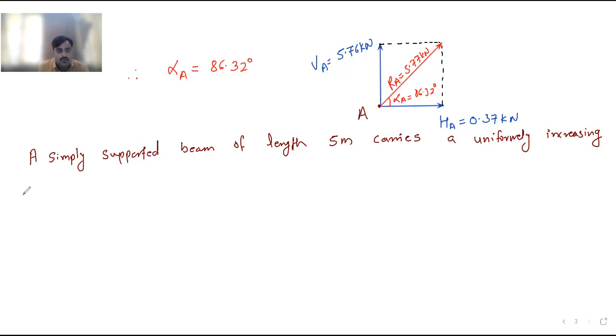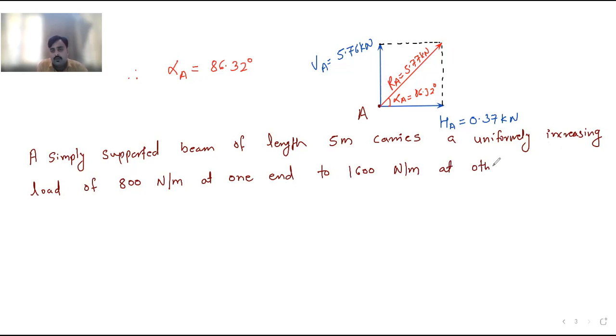So, a uniformly increasing load of 800 Newton per meter at one end to 1600 Newton per meter at the other end, as shown below. Calculate the support reactions.